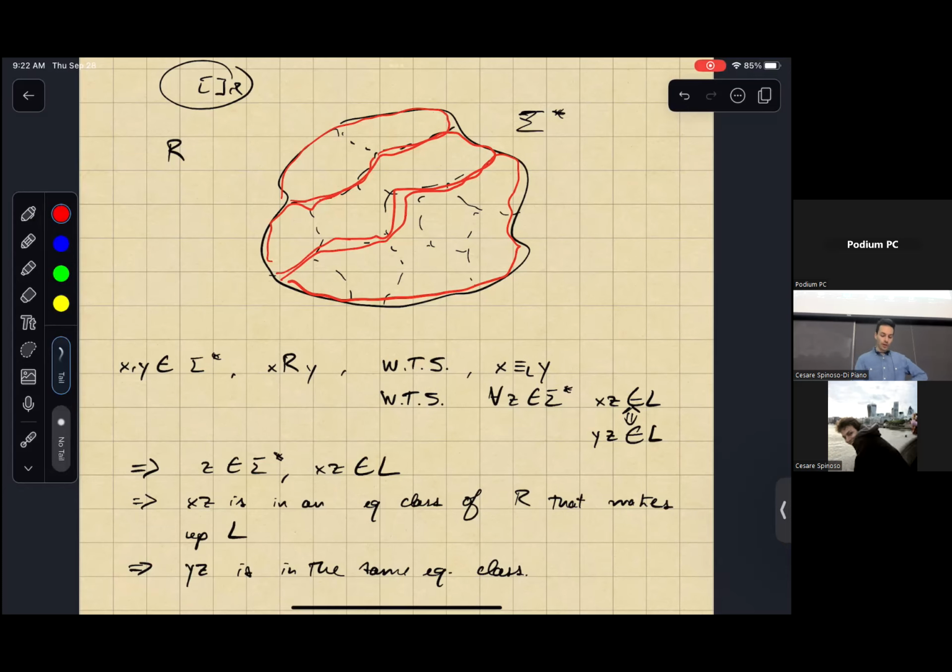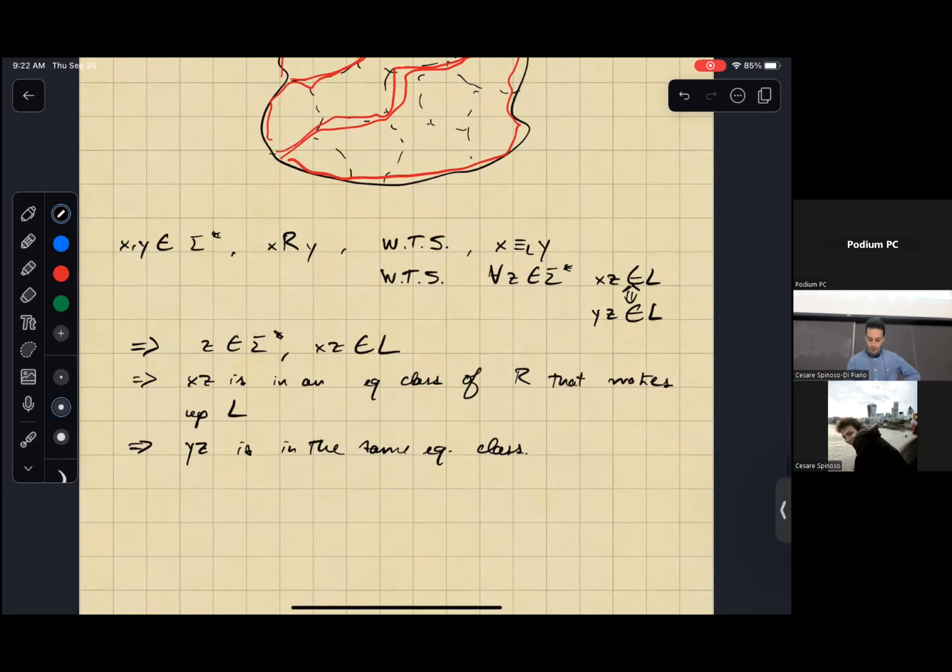Yes, very good, because R is right invariant. So I know that YZ and XZ are in the same equivalence class, but this equivalence class makes up L, right? And so that means that YZ is also in L. And that's exactly what it means for X and Y to be related by the Myhill-Nerode relation.